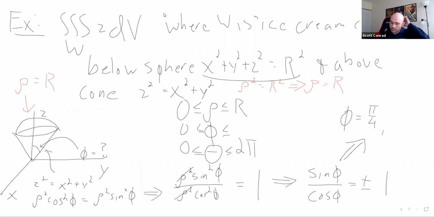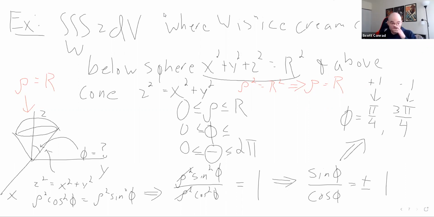So for pi over 4, sine phi over cos phi is 1. And for negative 1, for what angle between 0 and pi is sine phi over cos phi negative 1? It's got to be between 0 and pi, so the angle is 3 pi over 4. So it could be either pi over 4 or 3 pi over 4.